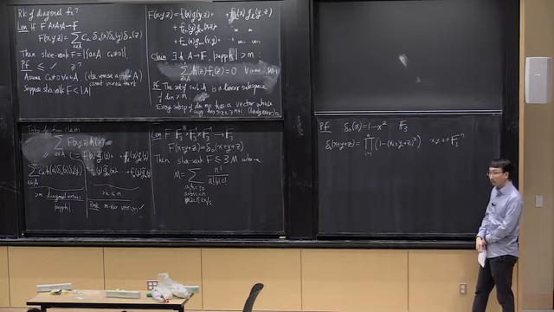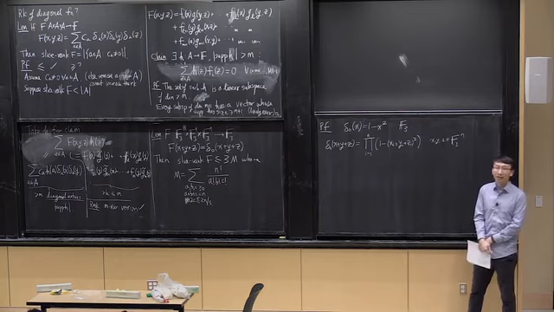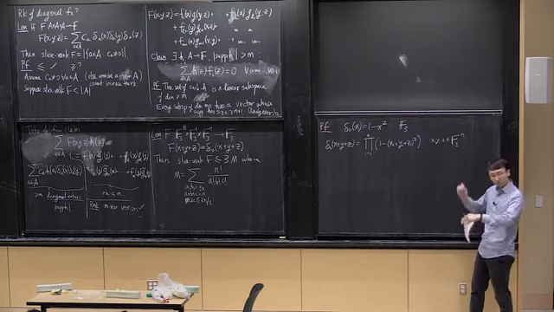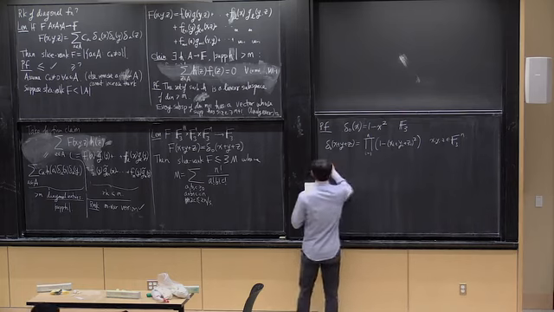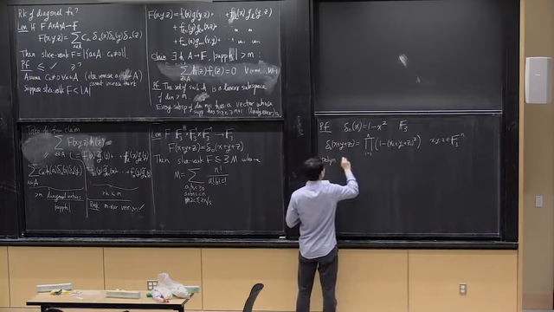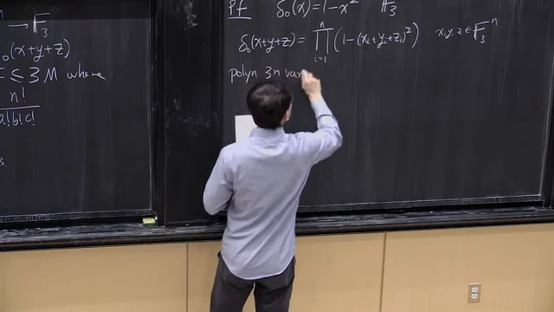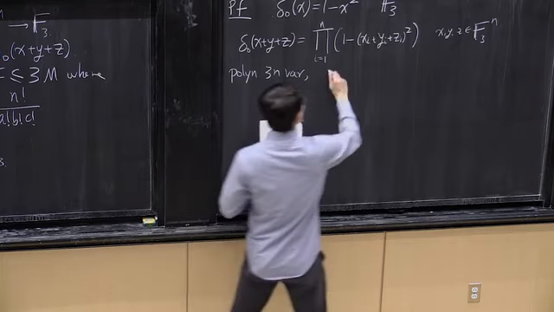Great. Now let's pretend we're expanding everything. This is a polynomial in 3n variables, and its degree is 2n.